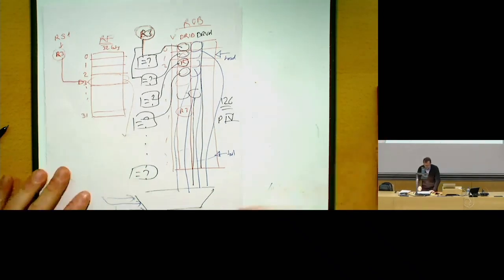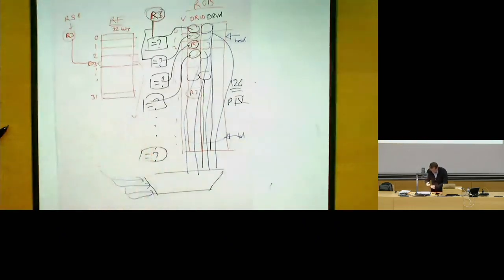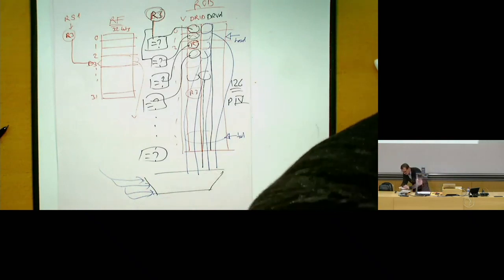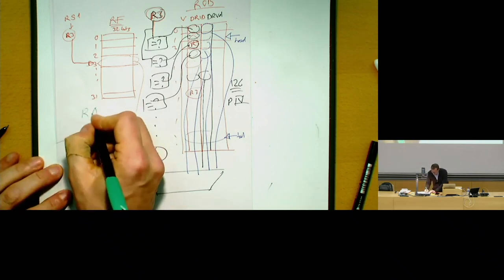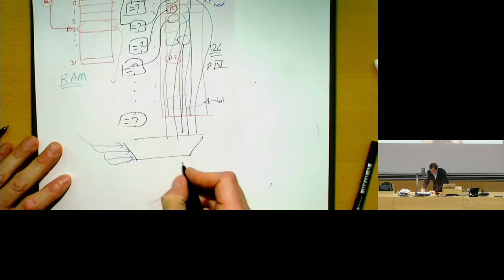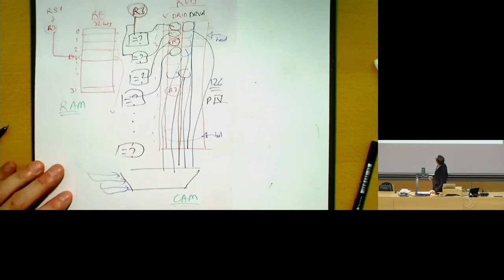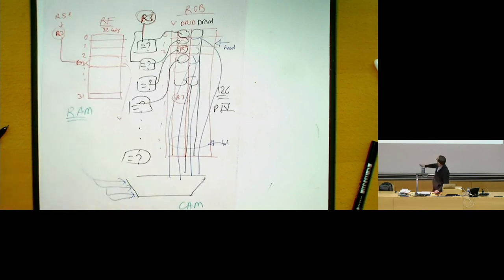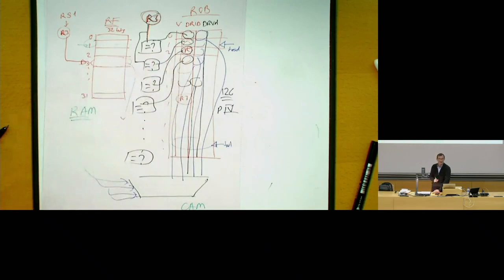Okay, so hopefully this gives you the key difference between these two. Maybe I need a different kind of pen. Let's see, I have green here, I don't know if it works. So this is really random access memory, RAM, and the reorder buffer is really content addressable memory, CAM. Why? Because in random access memory, the address is the address of the entry, the address you're looking for.